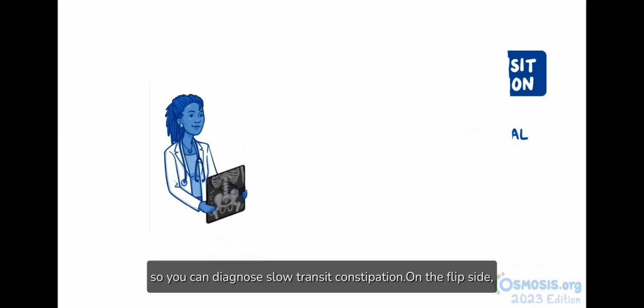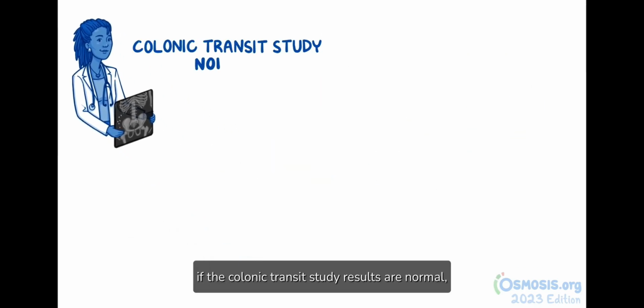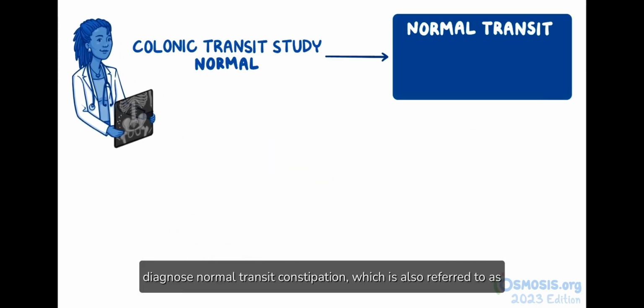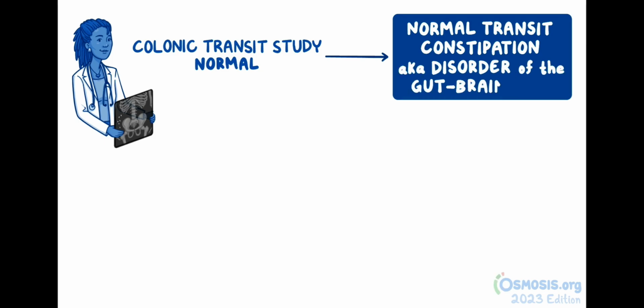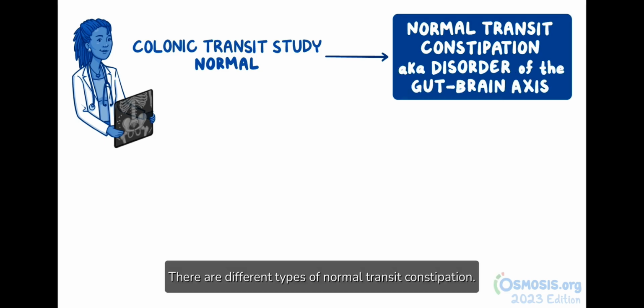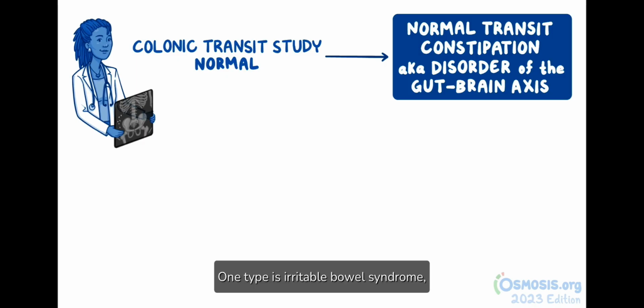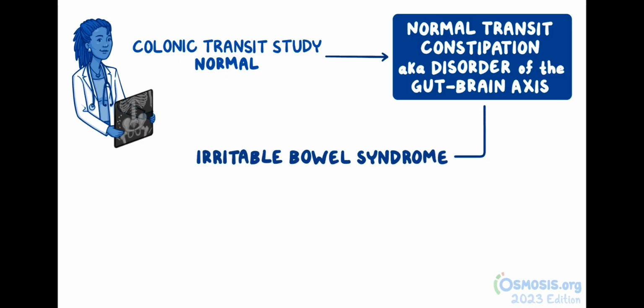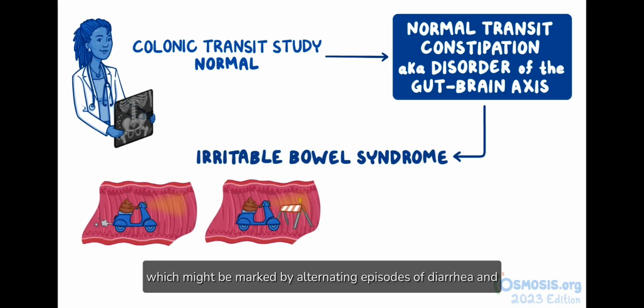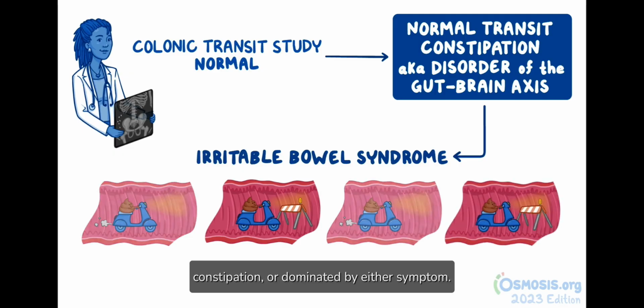On the flip side, if the colonic transit study results are normal, diagnose normal transit constipation, which is also referred to as a disorder of the gut-brain axis. There are different types of normal transit constipation.